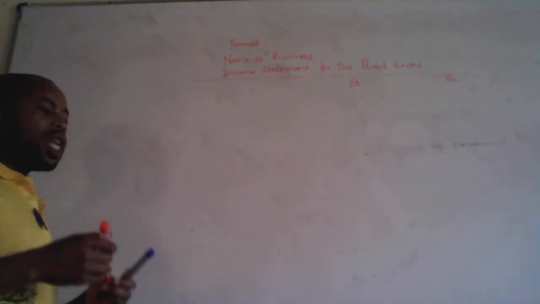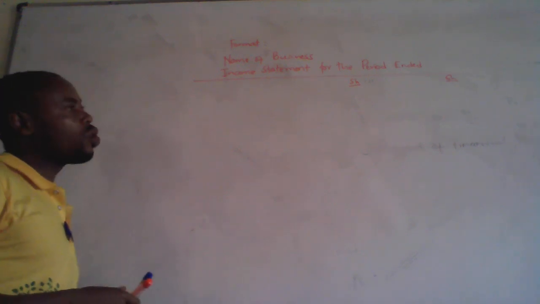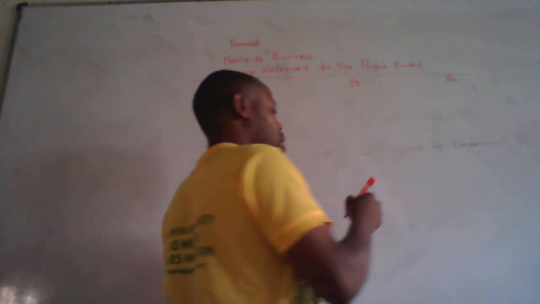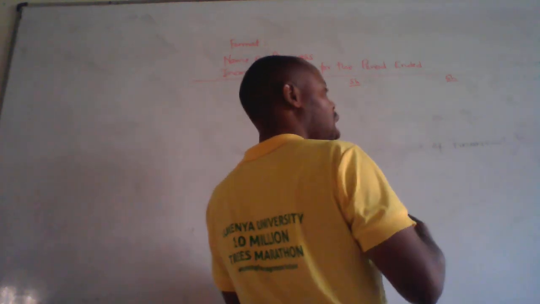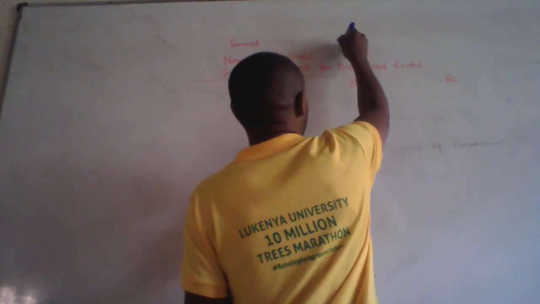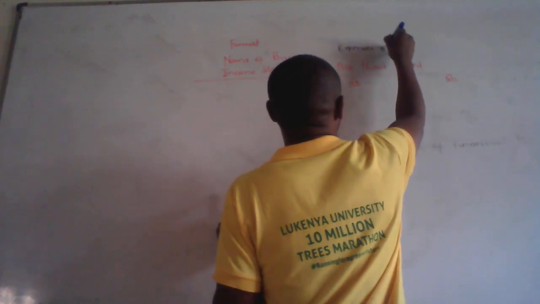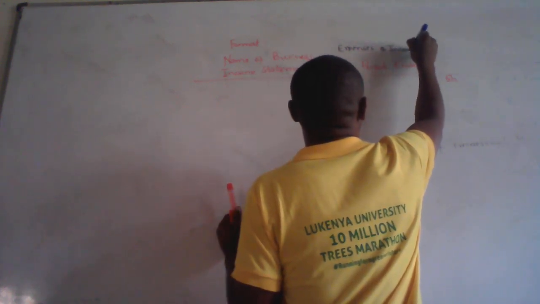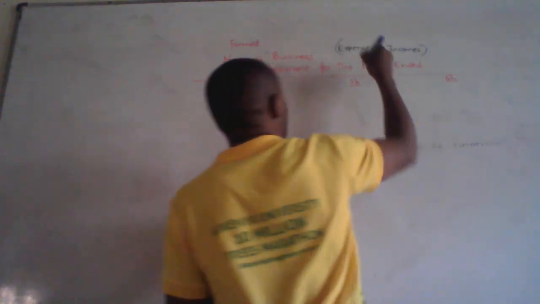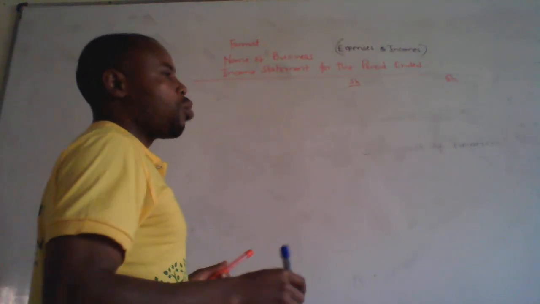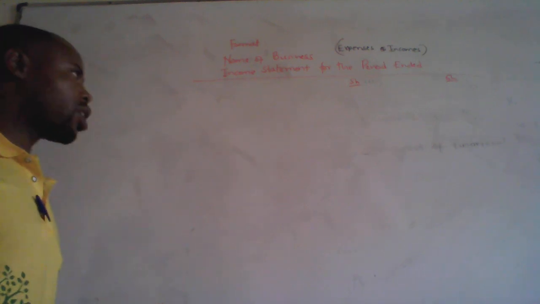For you to prepare the income statement, we put into consideration two major items. That is, we consider the expenses and the incomes of the business. Out of this, we are supposed to determine what we call the net results.